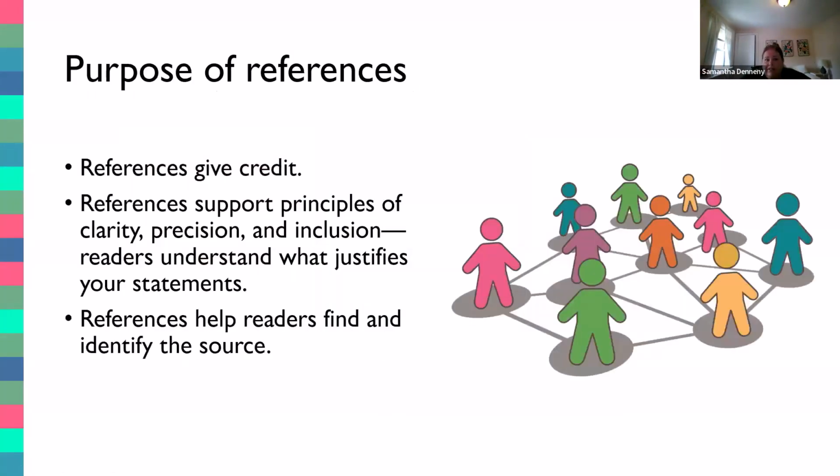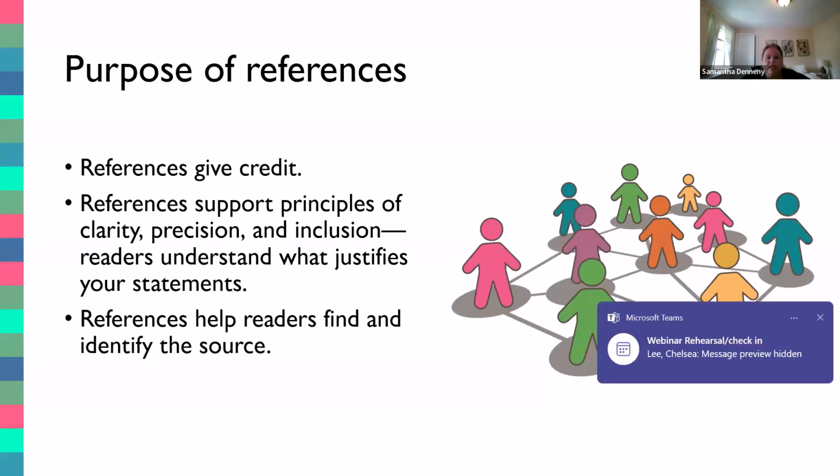The purpose of references is something that can really help, especially if you're working with students who are just starting out, but in general, it's something to really think about if you are stumped with a source. The purpose of a reference comes down to three things. The first is to give credit where credit is due, which helps you write with integrity.